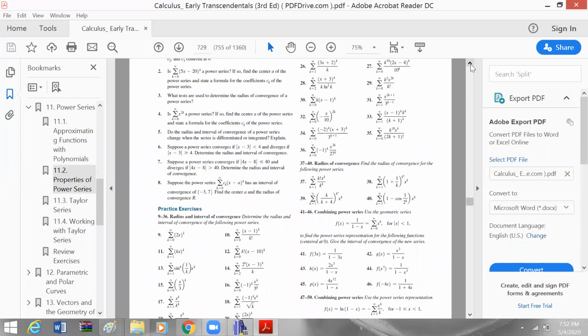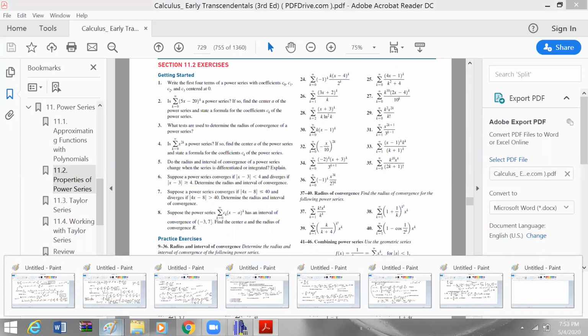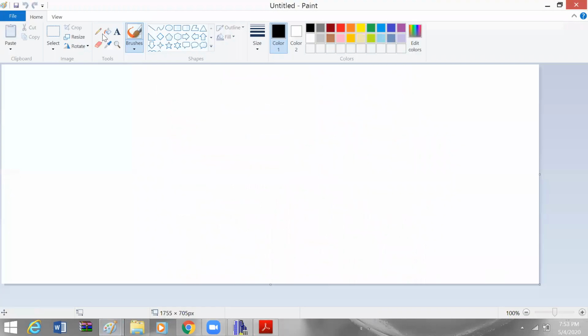I don't mind doing any problem, to be honest, but I'm trying to avoid divergent series, since this series is going to diverge for sure. So let's do question number 26 on the list, and then I will call it a day for that part.